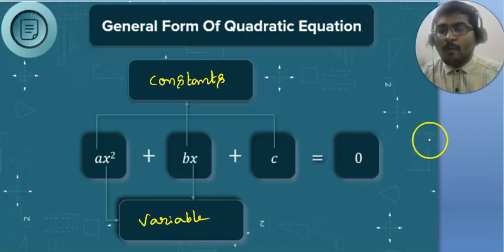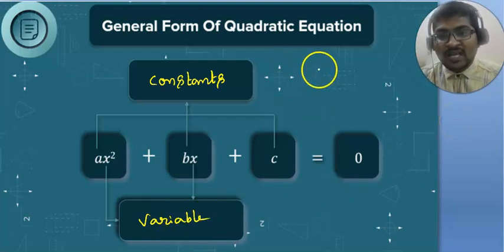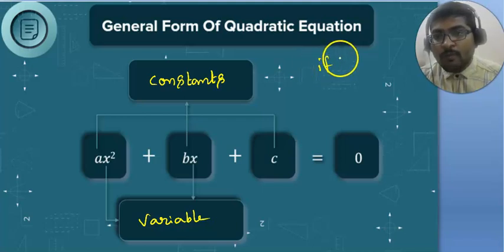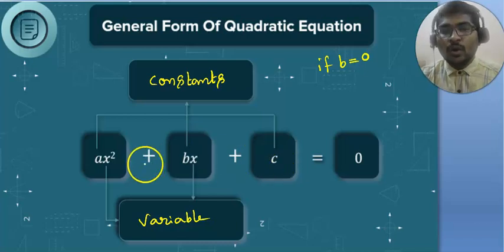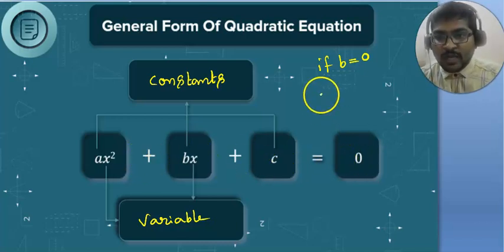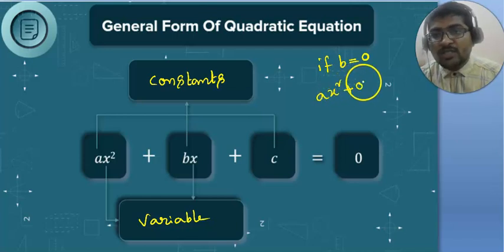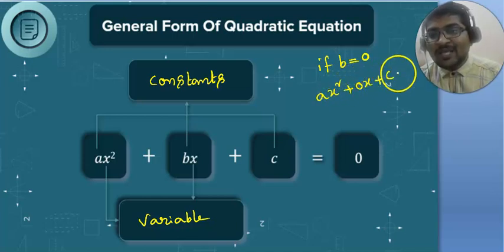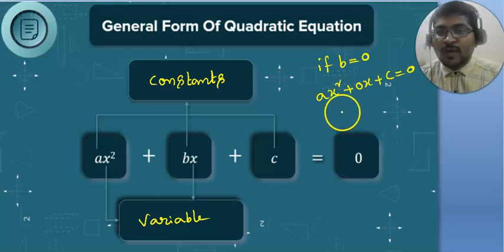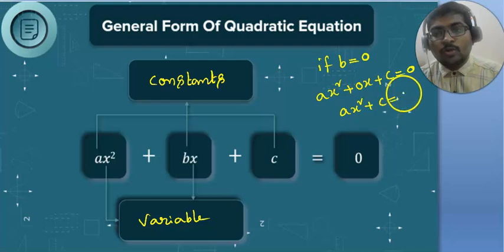And also, my dear students, in this quadratic equation, if b is equal to 0, then substituting b equal to 0, it becomes a into x square plus 0 into x plus c equal to 0. This expression becomes ax square plus c equal to 0.